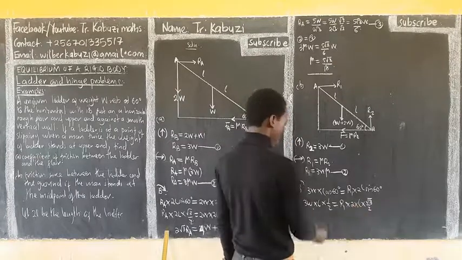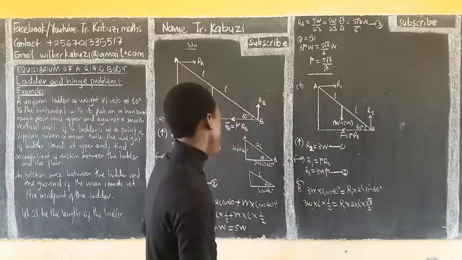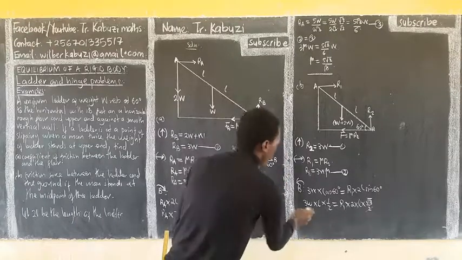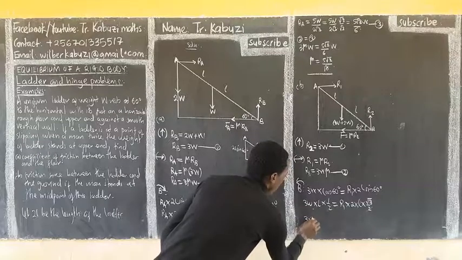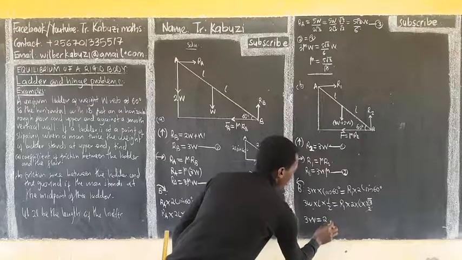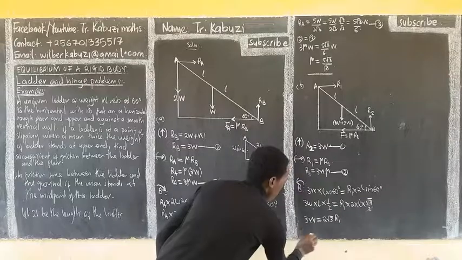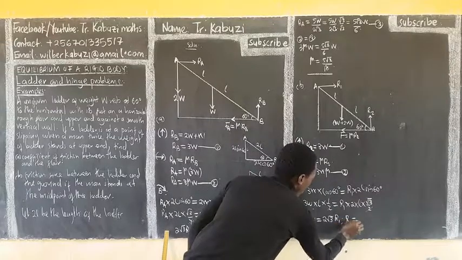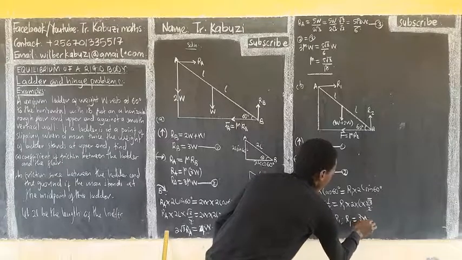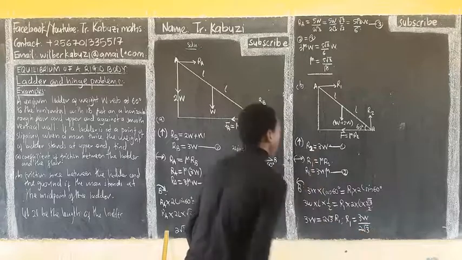Then this half can cancel with that. What's going to survive is our 3W. 3W is going to be equal to root 3 R1, implying that now my R1 is 3W over 2 root 3.